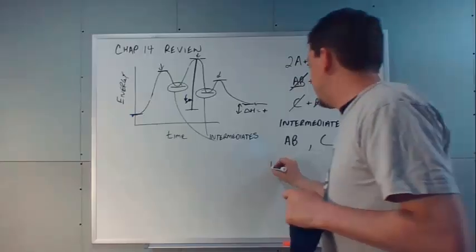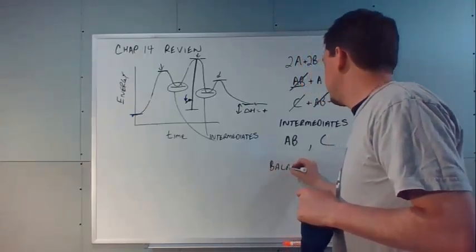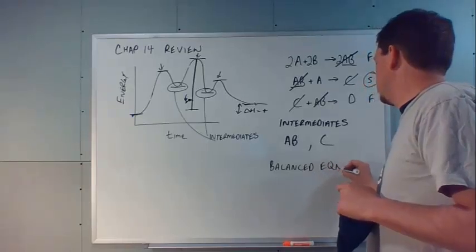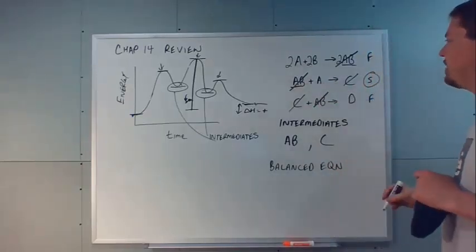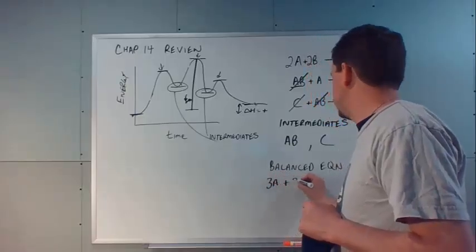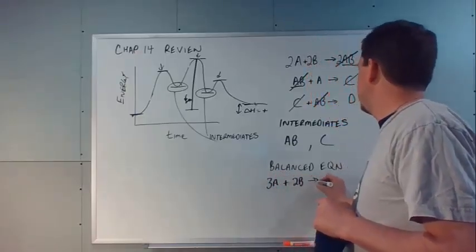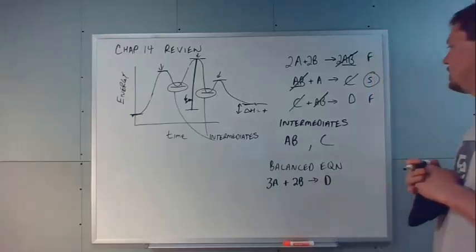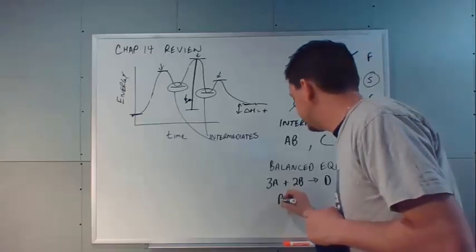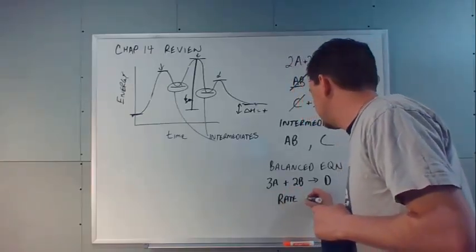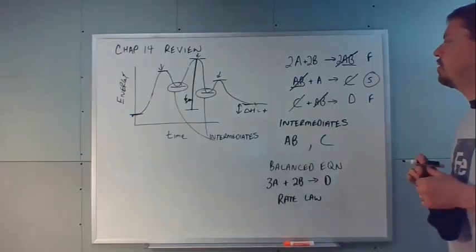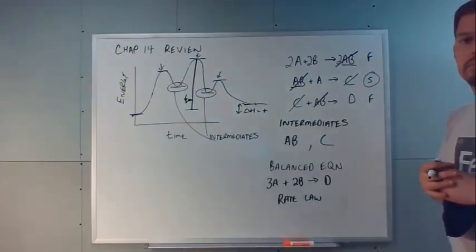So my balanced equation would be based on what's left here. It would be 3A plus 2B yields D. That's my balanced equation. And so my rate law then is based on all the things I need to get through my slow step.